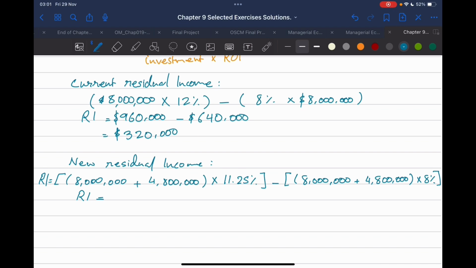Turning to our calculators, 8 million plus 4,800,000 is 12,800,000 multiplied by 0.1125, which is 11.25%.